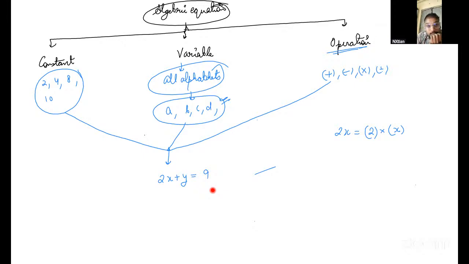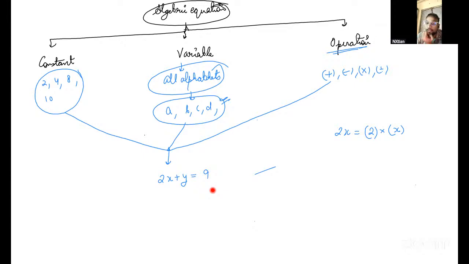Sir, pi is a constant. Yes, pi is a constant, it's a decimal constant. The decimal never ends, it keeps on going. 3.1, 4, 6, 5, 7, it keeps on going. So the value is constant, like 22 by 7 you can take as an approximate value.